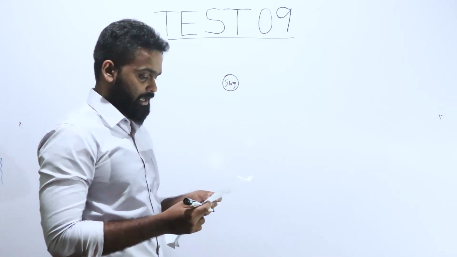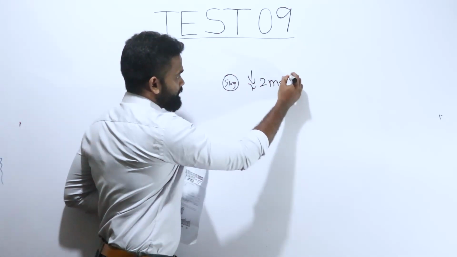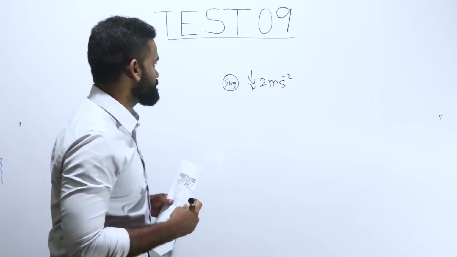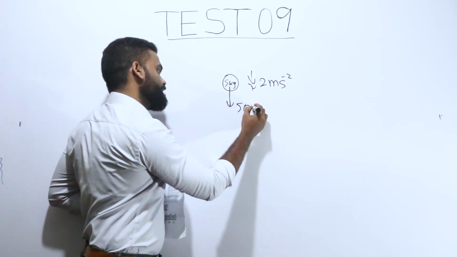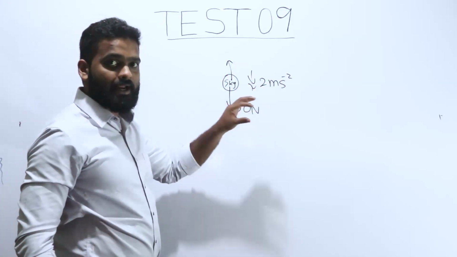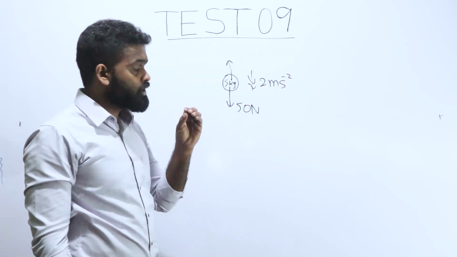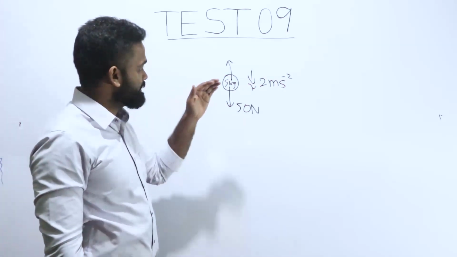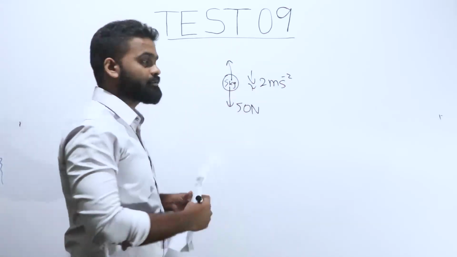The acceleration they have given is 2 meters per square second downwards. So if I mark, this is the weight, 50 Newton. So this is falling down at a lower acceleration than 10 meters per square second. So we should know that the force to be applied should be upwards on the object.